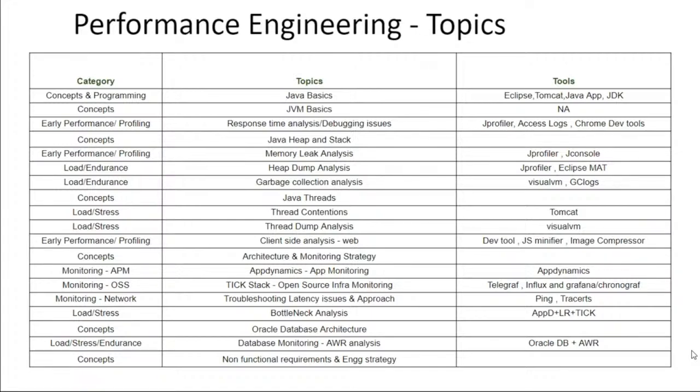Within 10-15 minutes you can do the setup yourself and have your application monitored. So we will learn how to set up AppDynamics in the cloud, how to configure the agent with your Java application, and then how to use AppDynamics for monitoring, analysis, bottleneck analysis, and alerts. All these things we'll look into.